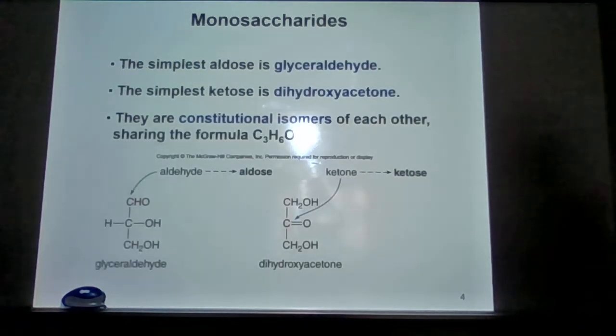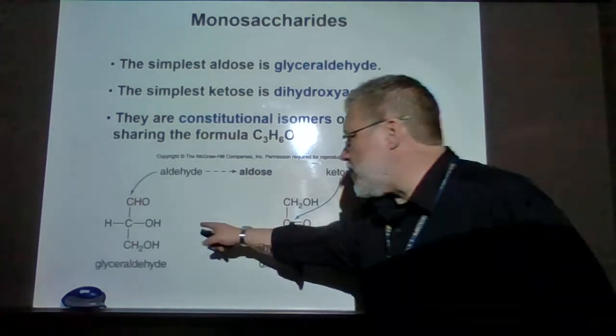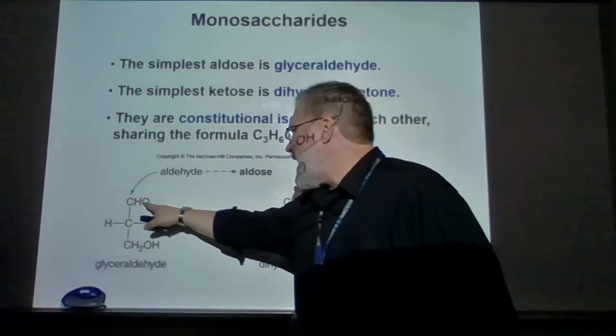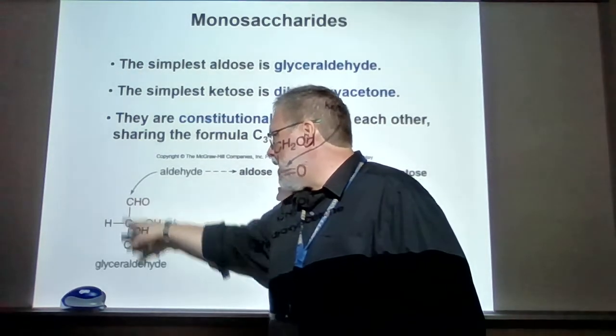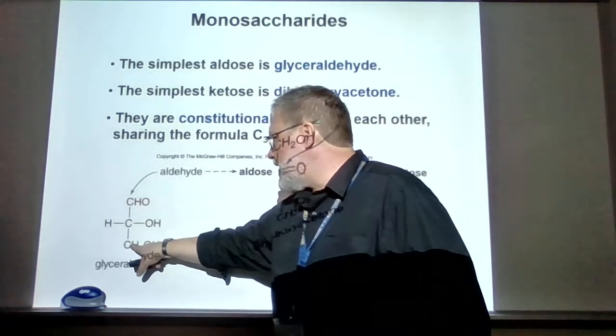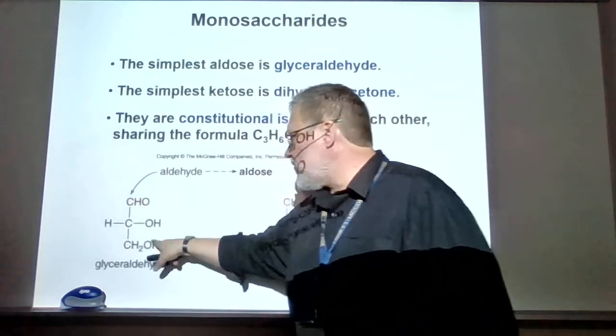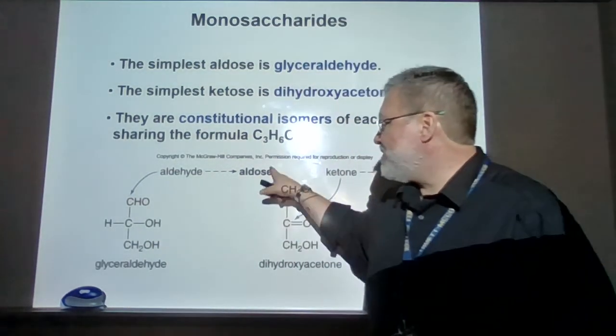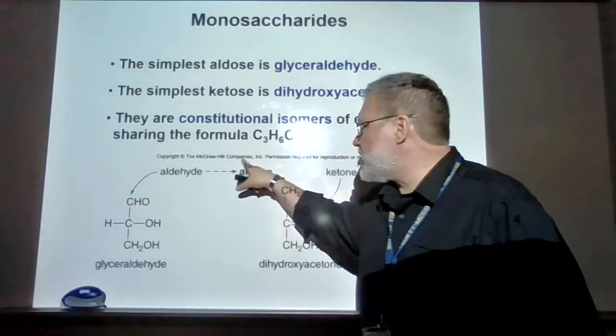The simplest aldose, 3 carbons, is glyceraldehyde. So at C1, you have your C double bond O, hydrogen. Both C2 and C3 have OH groups. Since the carbonyl is at C1, it's an aldehyde, so it's an aldose.